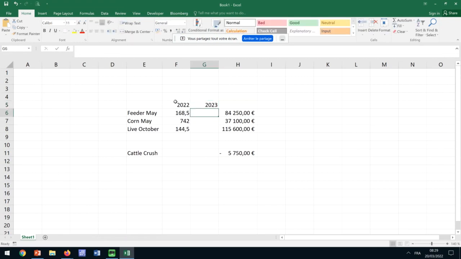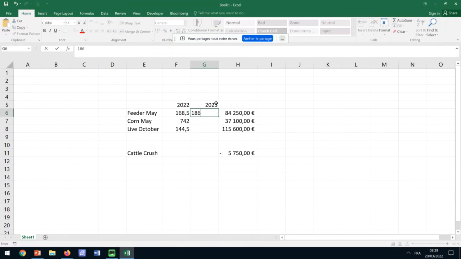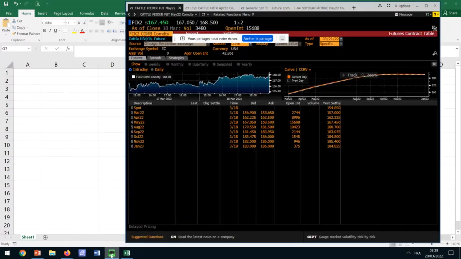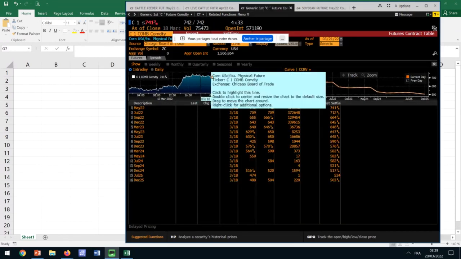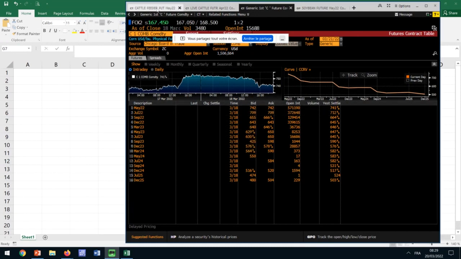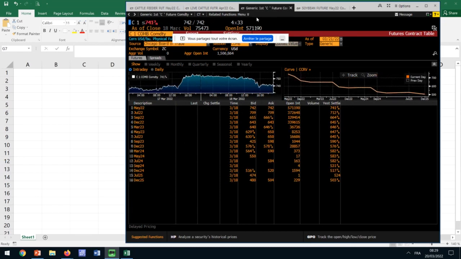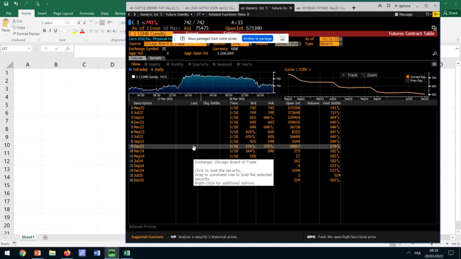If we pick up these prices again, feeder 23 is 186. Strong contango. Then corn, January 23.